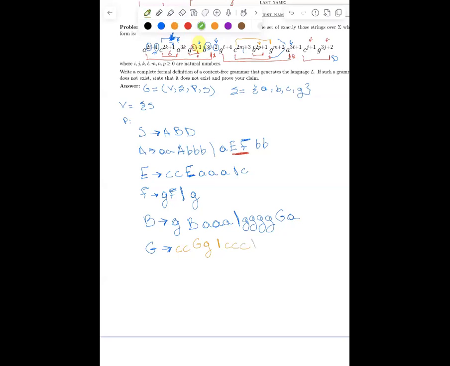I have a new letter, H. And then I get G and G. And my H, which is the last part of this, I can have B, B, and H, or I can only have one B.